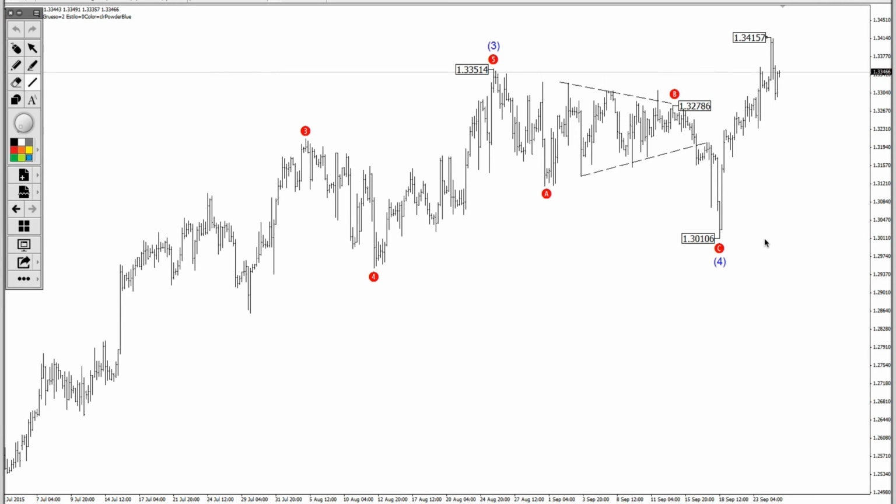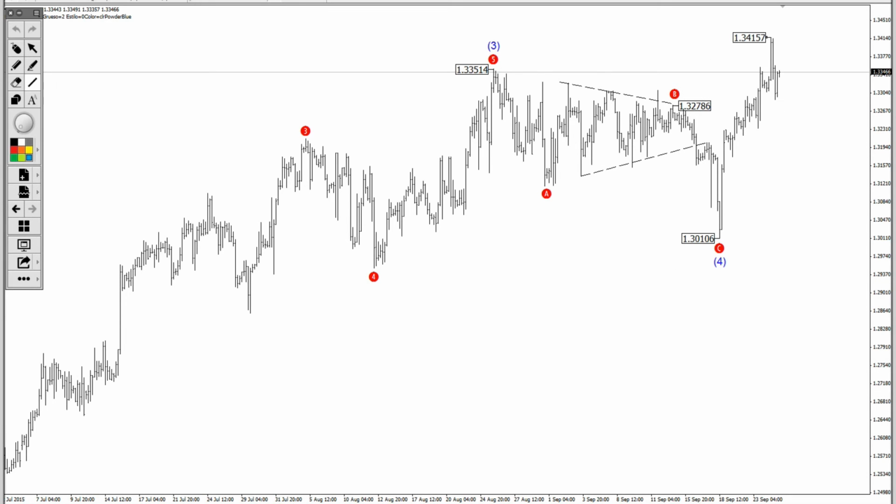So this is a 5th of a 5th wave, so minute degree wave 5, and we should then see 5 smaller waves on a minute degree, and we have probably seen the first minute degree wave completed at the 134.15 peak.